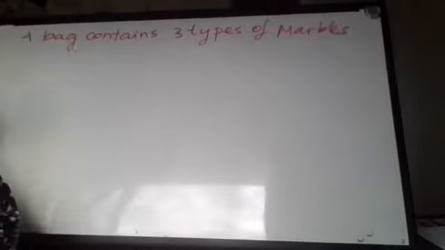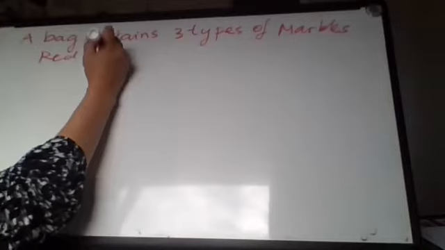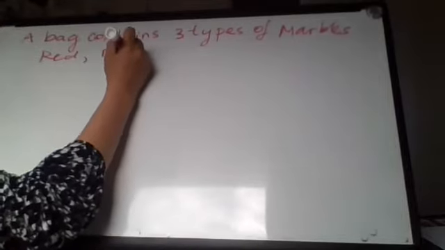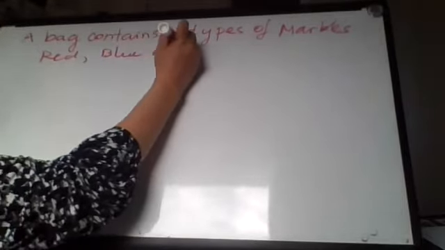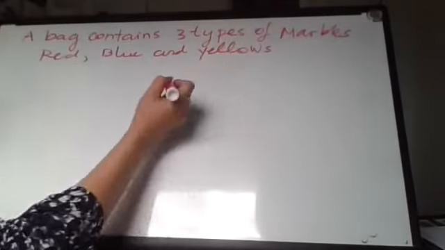A bag contains 3 types of marble: red, blue, and yellow. So there are 3 colors of marble, okay?